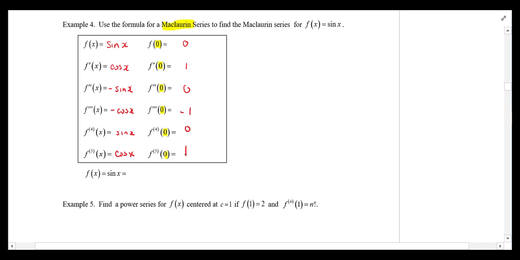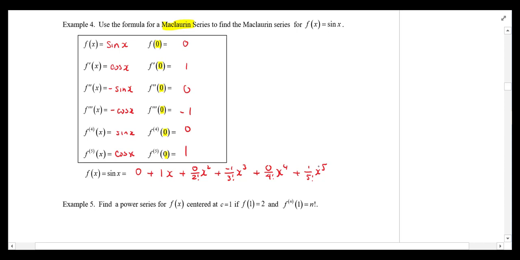Now plugging it in, so f of 0 is 0 plus f prime of 0 is 1 times x plus the second derivative, which is 0 over 2 factorial times x squared, plus the third derivative, which is negative 1 over 3 factorial x cubed, plus the fourth derivative, 0 over 4 factorial x to the power of 4. Whoa, what happened there? And then also we'll do one more plus 1 over 5 factorial x to the 5.